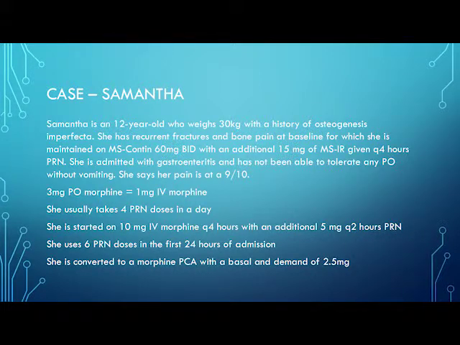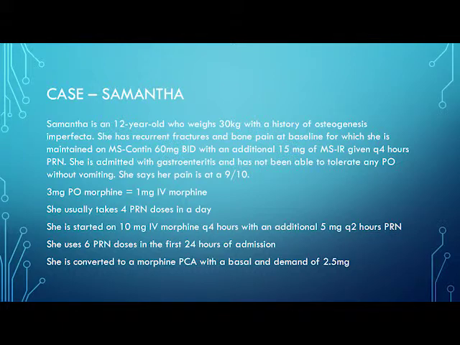So would you only want to give her 10 milligrams Q4 hours scheduled? Or would you also want her to have a PRN? Yep. Okay. Because even if you expect someone to have baseline pain, you need to have something available for when their pain increases.